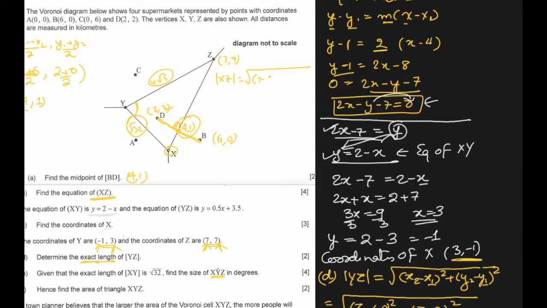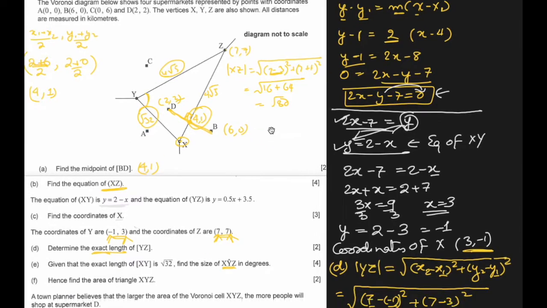So 7 minus 3 plus 7 minus minus 1, let's make it plus 1, square. 7 minus 3 is 4, 16, plus 7 plus 1 is 8, so it is 64. Same. That means it's an isosceles triangle. This is also 4 square root 5. So we know all three sides now, so we can find that angle by using the cosine rule.